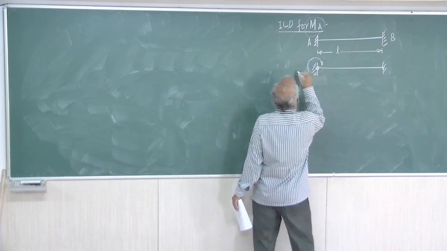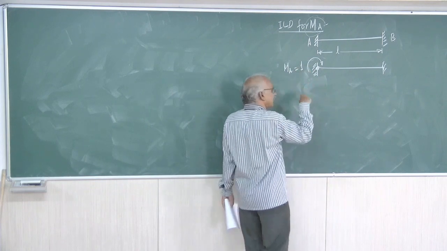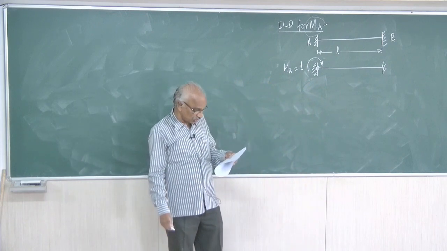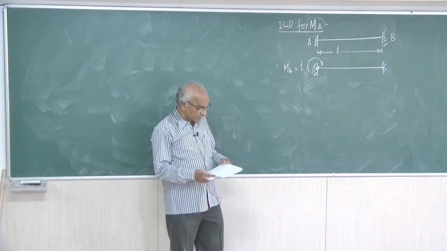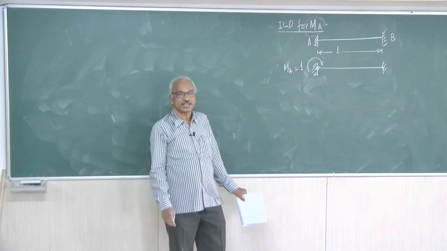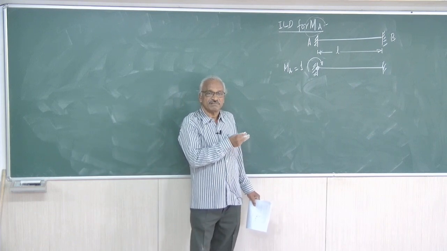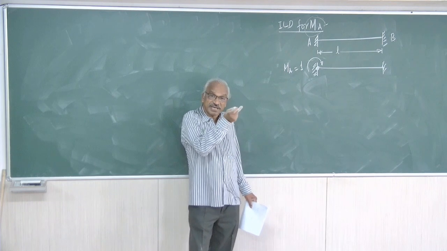So, you apply MA equal to unity. Earlier we applied RA equal to unity, now we apply MA equal to unity. This is a beam wherein we have introduced a hinge at the point A, but B is fixed.